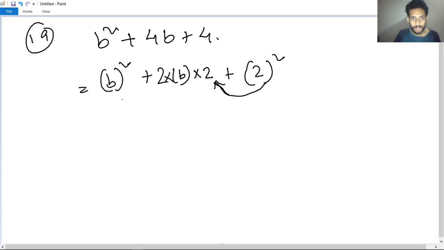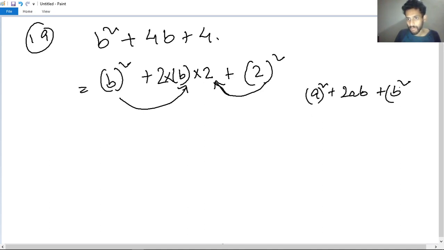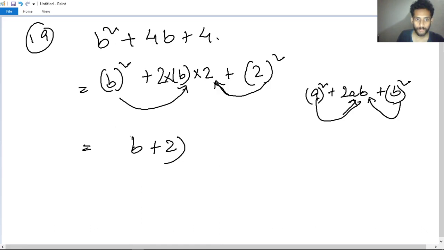If I compare it with a square plus twice ab plus b square, this is a, this is b. So it will be b plus 2 whole square, plus because this part is plus. If it is minus, it should be b minus 2 whole square.